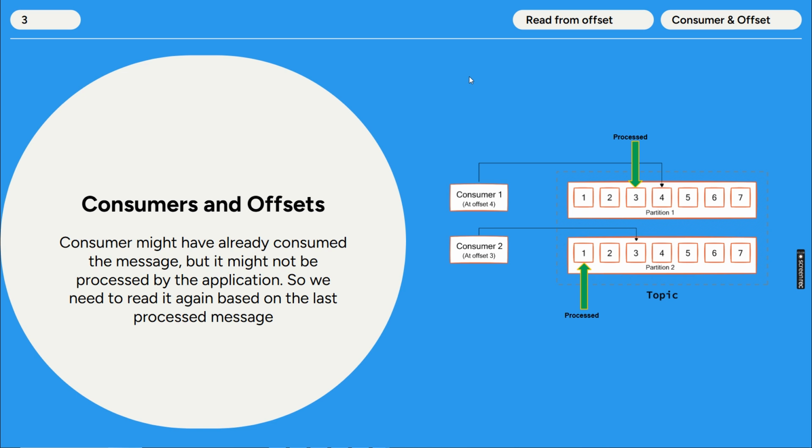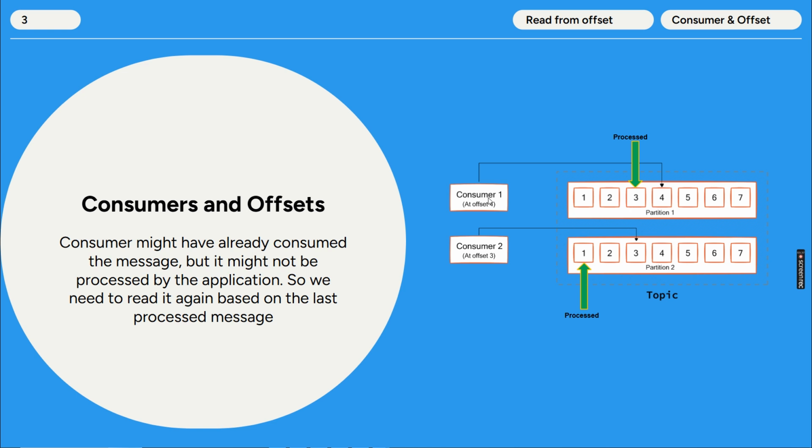But the problem is, sometimes, as you can see in this image, the consumer has read message number 4. This 4 is the offset, in partition 1. This message 4 is read by the consumer, but the application behind this consumer has processed only messages till 3.